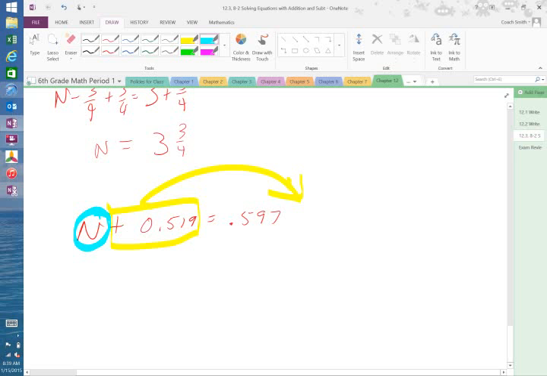So to do that, I have to say, okay, n stays here. I'm adding 0.519. So I'm adding it, so I have to subtract it to get it away from here. On the other side, I have 0.597, and I have to do the same thing that I added over here, I have to do over here.